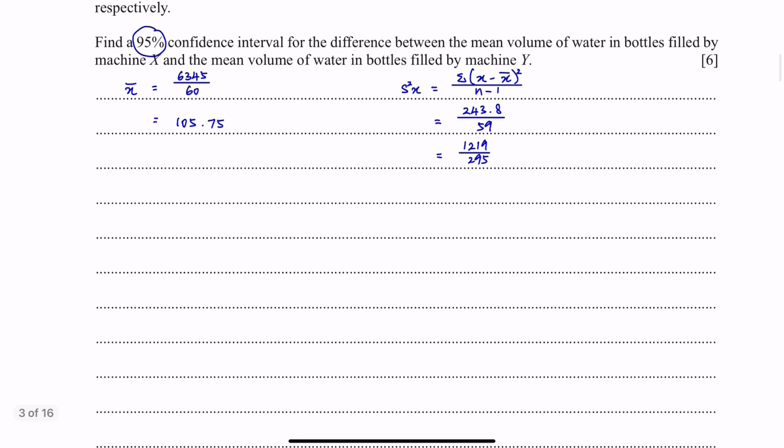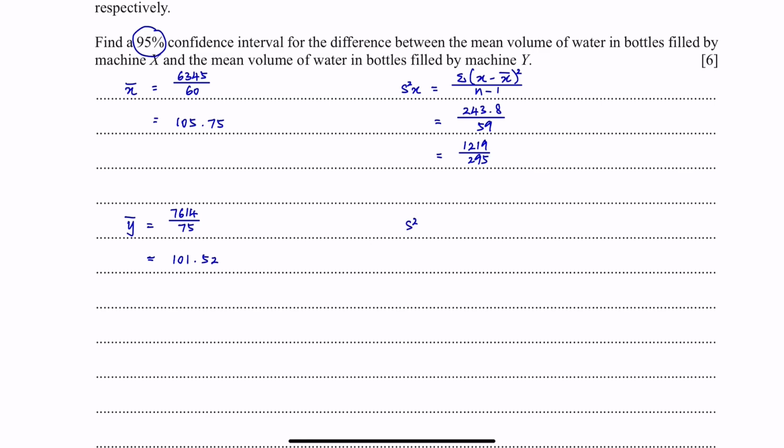And for the mean of Y, we call it the Y bar, we have the sum of Y, which is 7614 over the number of samples for Y, which is 75. So this would give us 101.52.